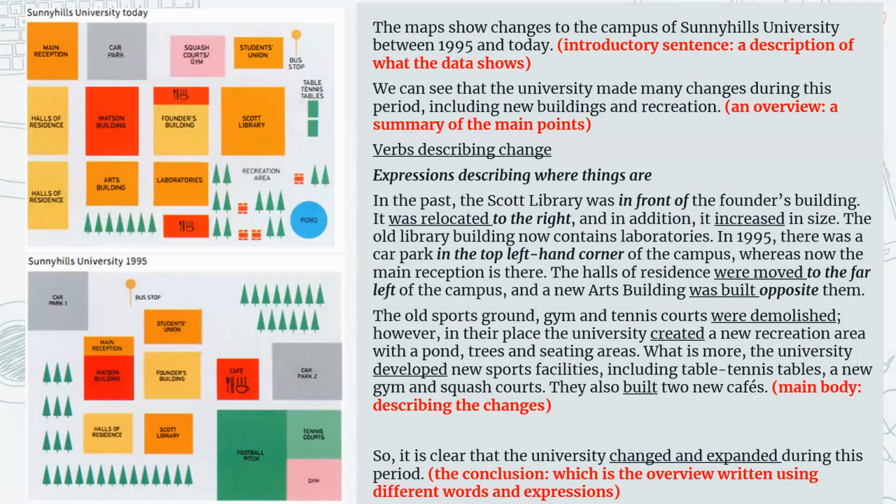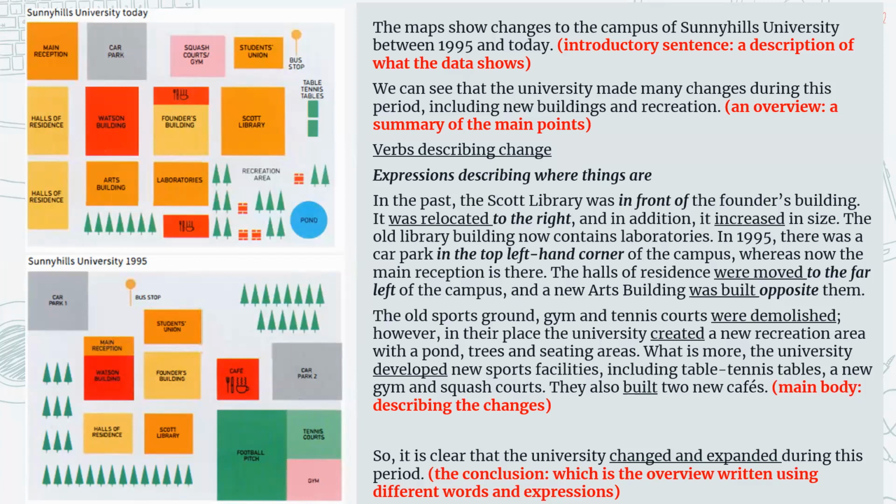Okay, let's analyze the map for a bit. We started with the introduction, the introductory sentence. It's a description of what the data shows. The maps show changes to the campus of Sunny Hills University between 1995 and today.